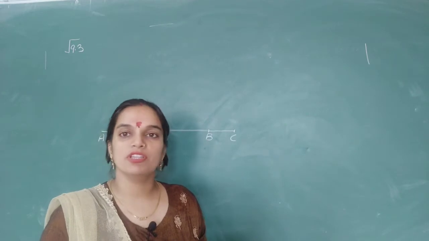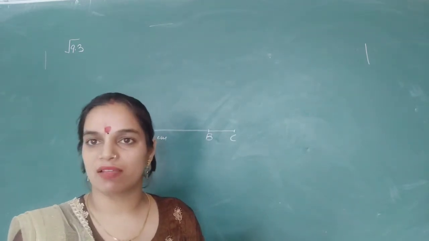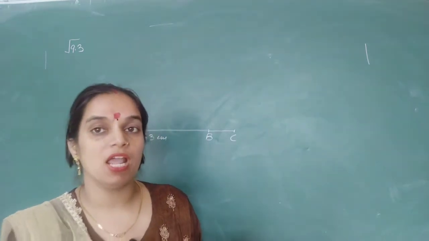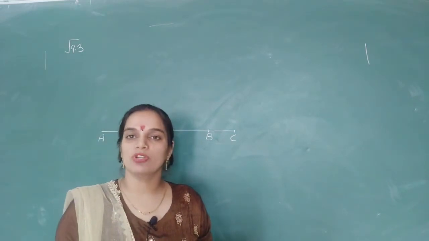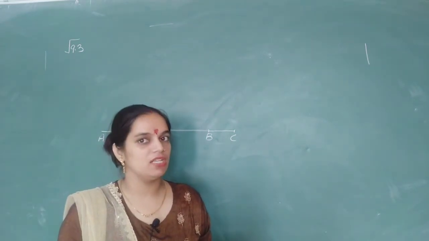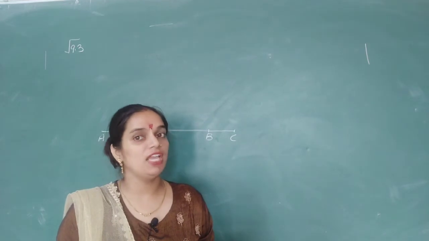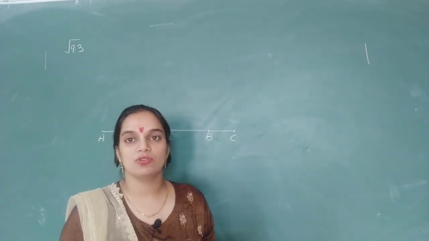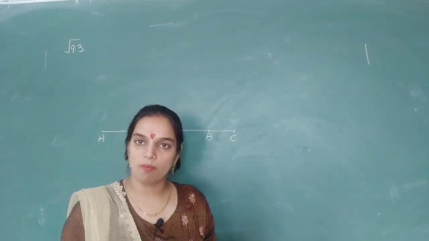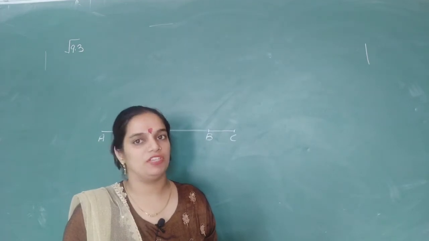For the method of drawing the perpendicular bisector, we will open our compass more than half of the given line segment. If we have to draw the perpendicular bisector of AC, we will open more than half of AC.